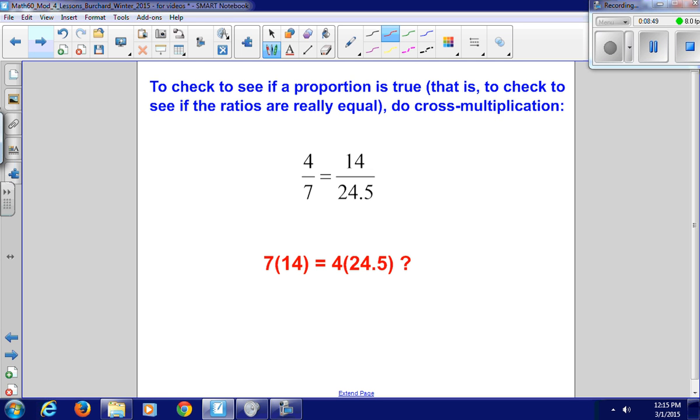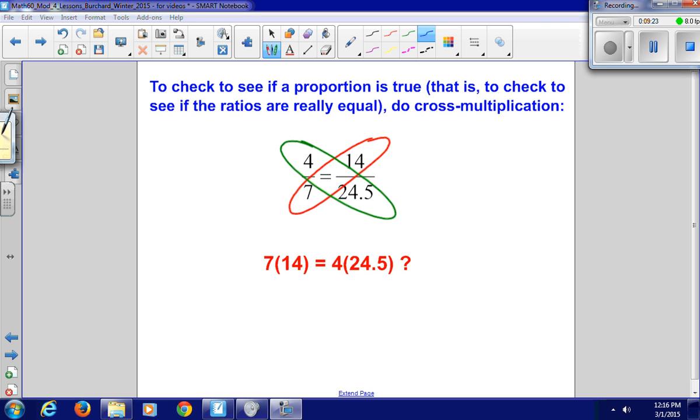If I say it's a proportion, it means that those two things are equal. The way I check to see if they're equal is cross multiplication. So I want to see what 7 times 14 is, and then check what 4 times 24.5 is, and see if they're equal.